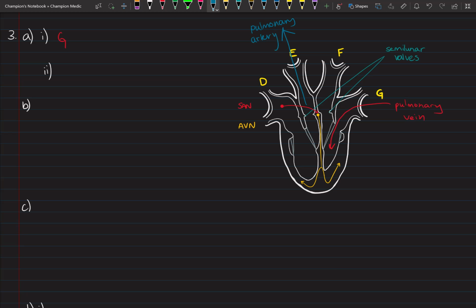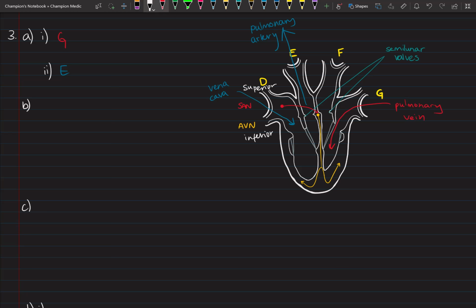Just for completeness, to label the rest of the blood vessels, D is the vena cava. The reason why you see 2 entries into the right atrium is because you've got the superior vena cava and the inferior vena cava, but you don't really need to know what the difference is between the two.